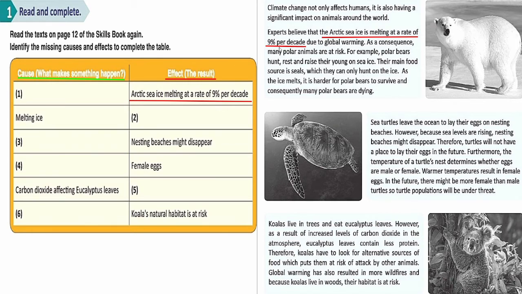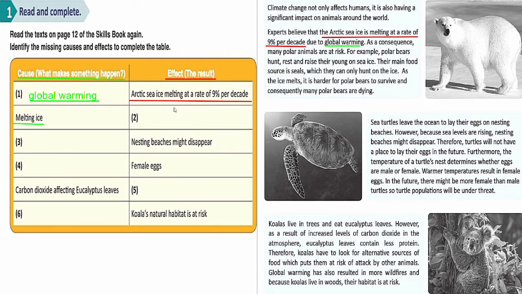So let's continue our sentence: due to global warming. And this is the cause. So let's complete our table. Global warming is the cause and the effect is Arctic sea ice melting at a rate of 9% per decade.